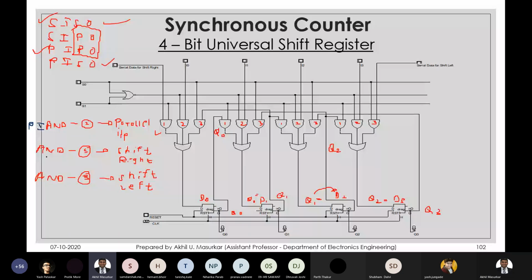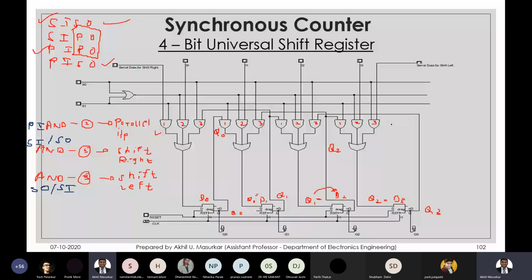AND gate number 2 supports serial in, and AND gate number 3 supports serial out. So serial in, serial out, I will say both of them can give us, depending on how you are outputting. You are outputting from left or right. So this is what this universal shift register actually does.